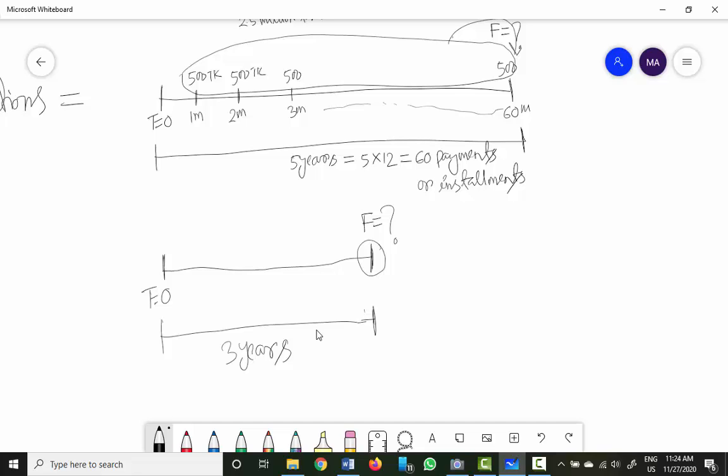In 1 year there are 12 installments, so in 3 years a total of 36 installments. So first of all, we need to find out the future value after 3 years, that means the total accumulated value after 3 years.